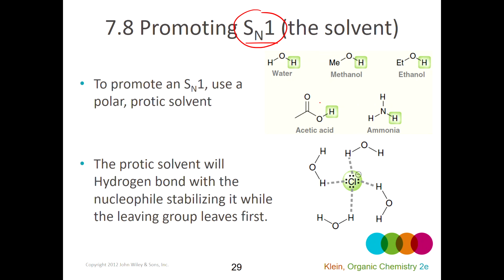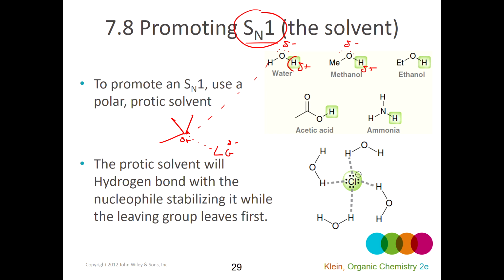Well, the transition state, as we said, in the slow step for an SN1 is going to be when the leaving group starts to leave and pull electrons away from probably a secondary or tertiary carbocation. So in that case, I need a solvent that has a nice large partial negative and a nice large partial positive. The partial negative can come in here and attract to the partial positive that forms where the carbocation will end up.